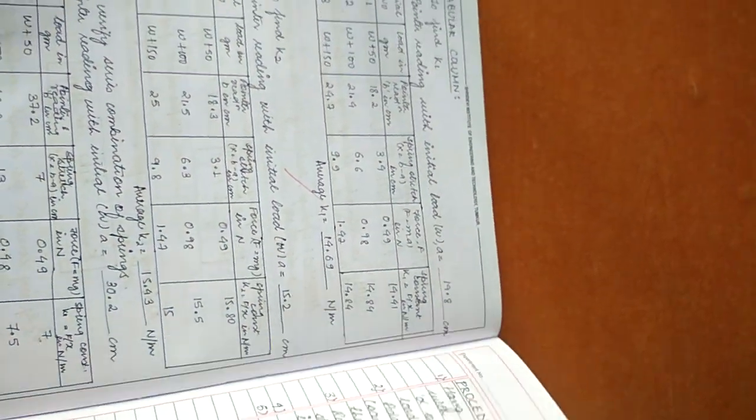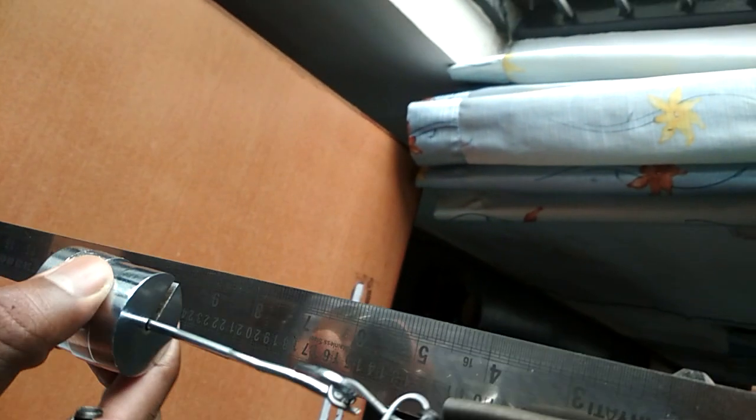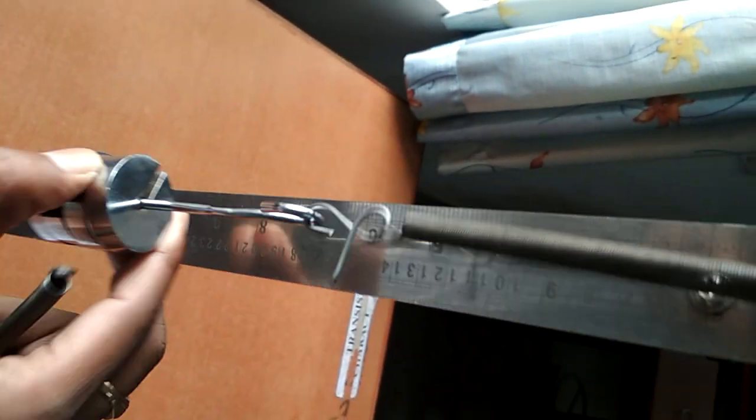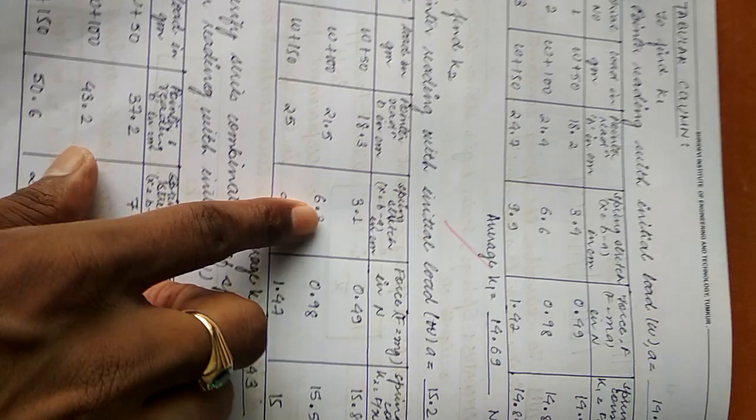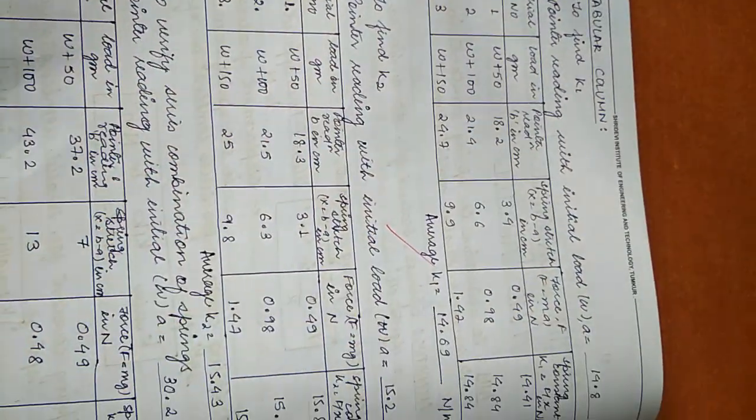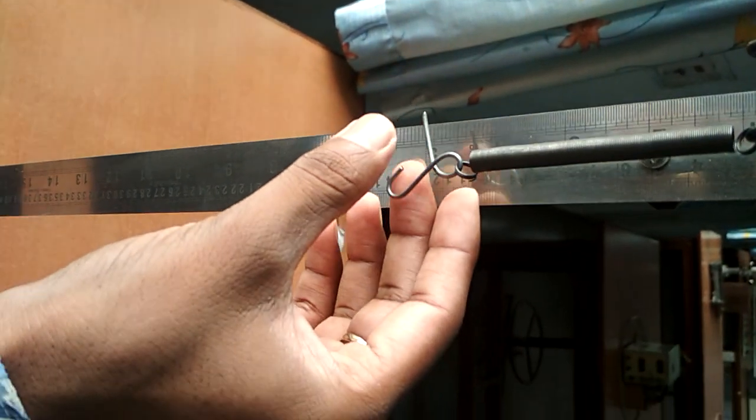Similarly, one more spring we have taken, and we apply the same procedure. To find K2, we hang the second spring like this.